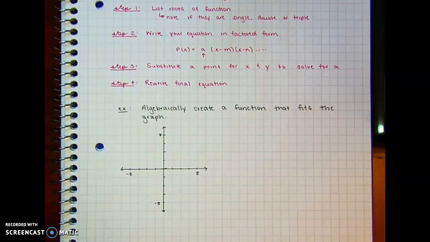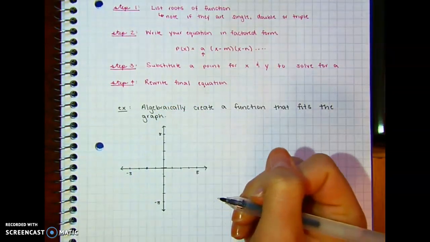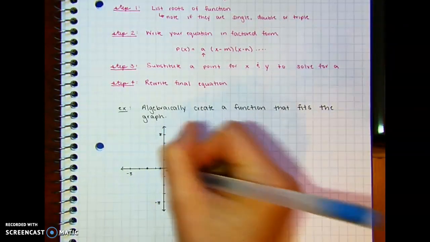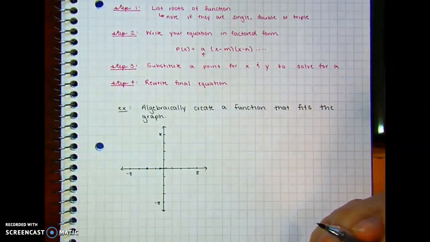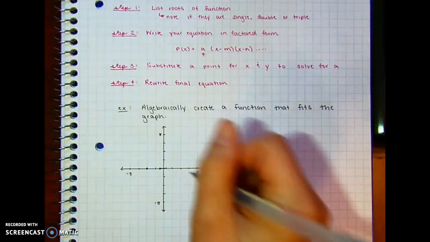So let's plot the points negative 4, 0, negative 1, 0, so they'll be right in between, and positive 3, 0.